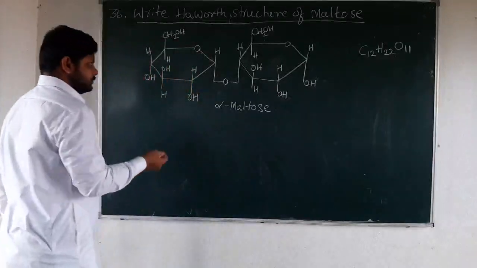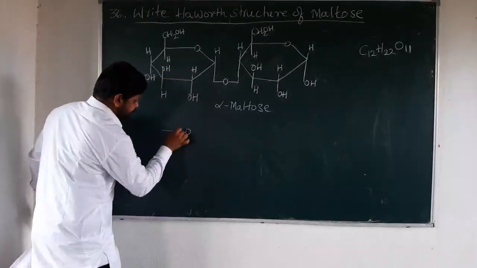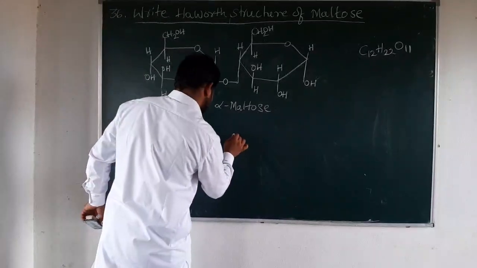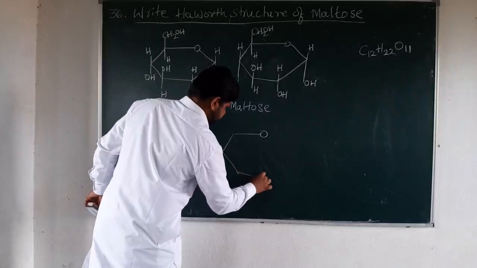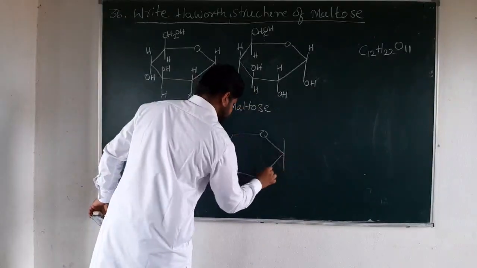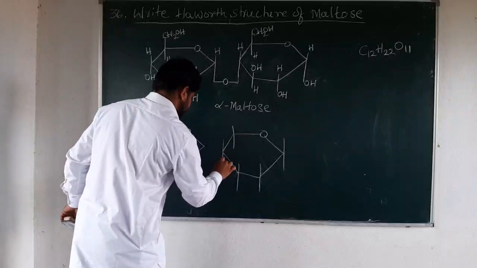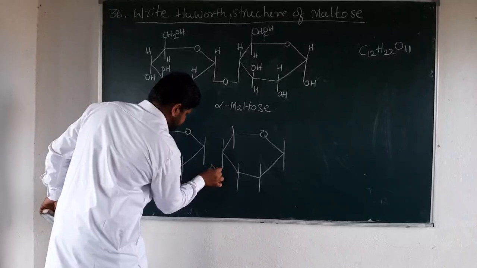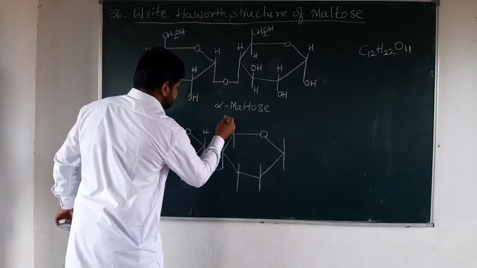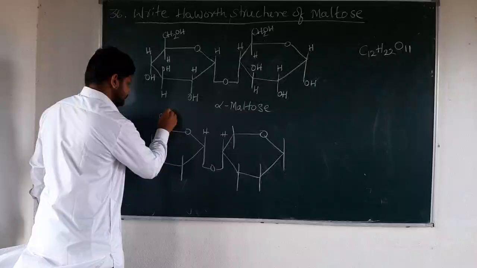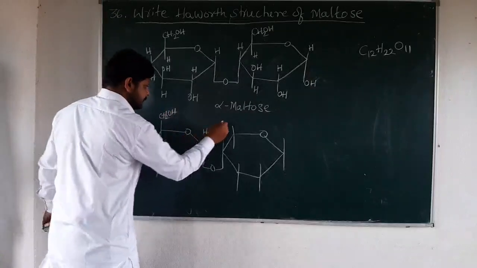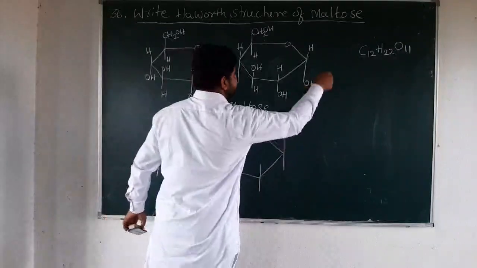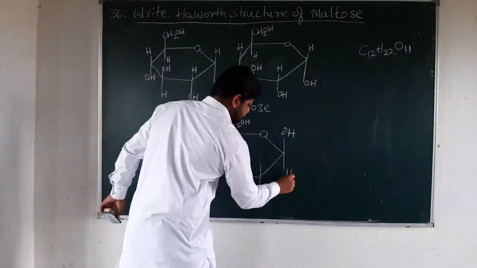If you need beta maltose, I will draw that also. It is the same as this. Between these two, O, H here, here CH2OH, H, CH2OH, H. Now shift this OH here, because this is beta.